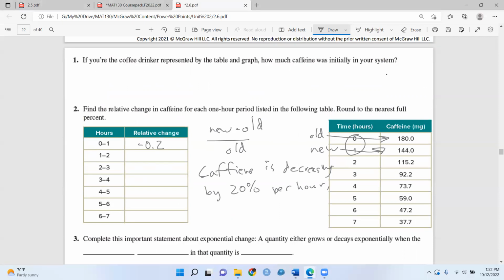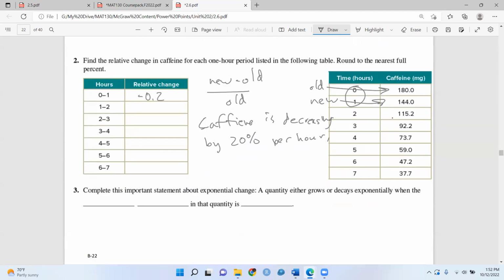So we know that a quantity is exponential growth or decay if the relative change value is constant. That's what number 3 is supposed to be. Relative change is constant. Here it was negative 0.2. That's the relative change there.